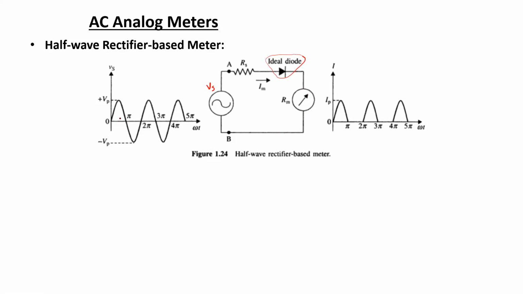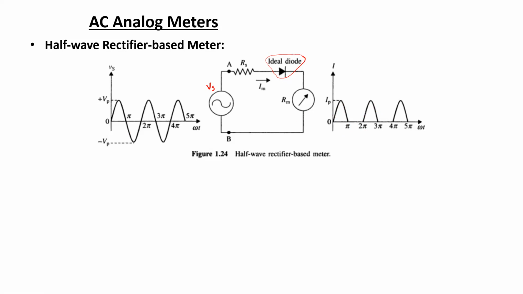The current wave shape will also become unidirectional in this case, where the negative cycles are going to be omitted, as the diode becomes reverse biased in the negative cycle of the input voltage. So we are going to get only positive cycles of current flowing through the entire circuit.